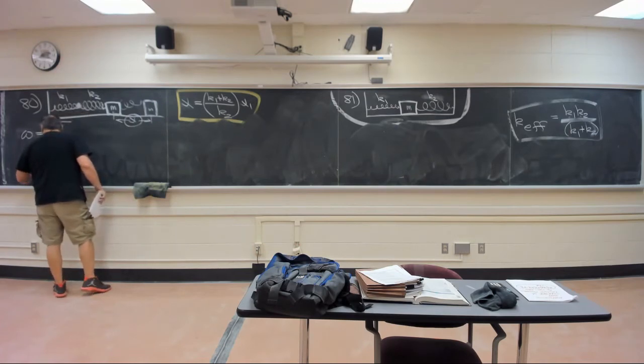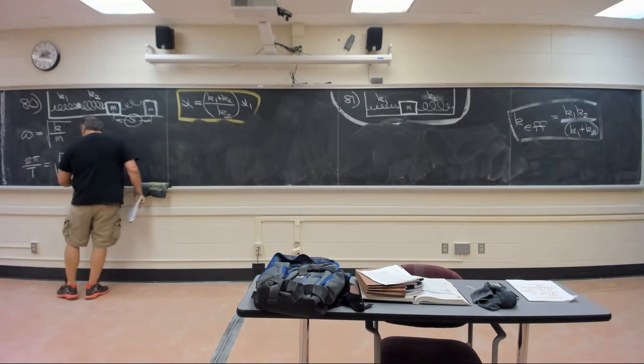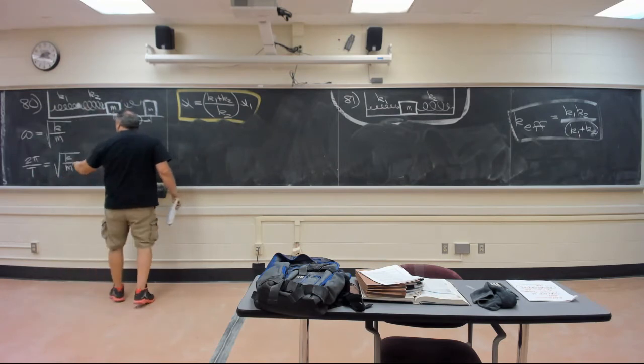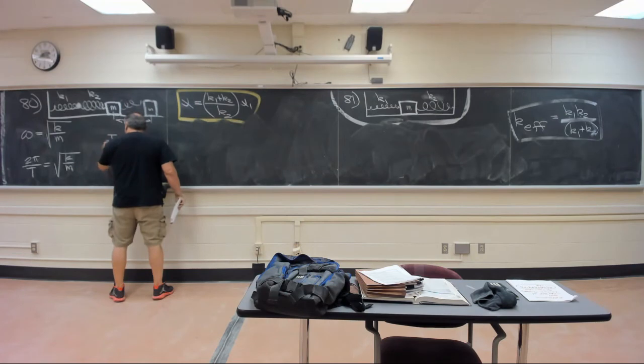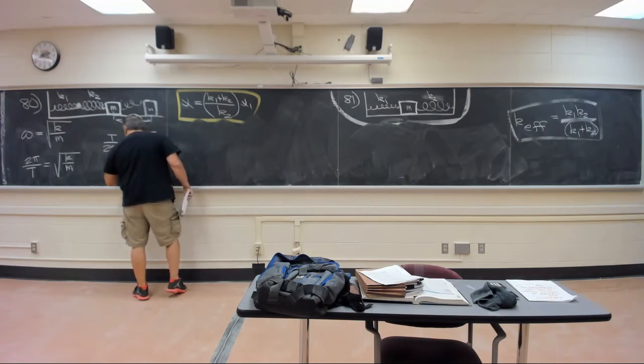Is omega the same as 2 pi over capital T? Sure is. Why don't you get the reciprocal of both? Why don't you multiply by 2 pi on each side?